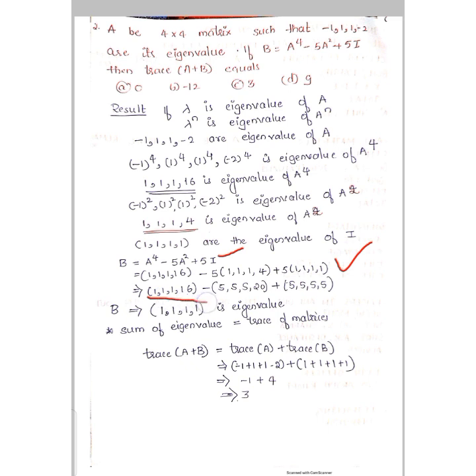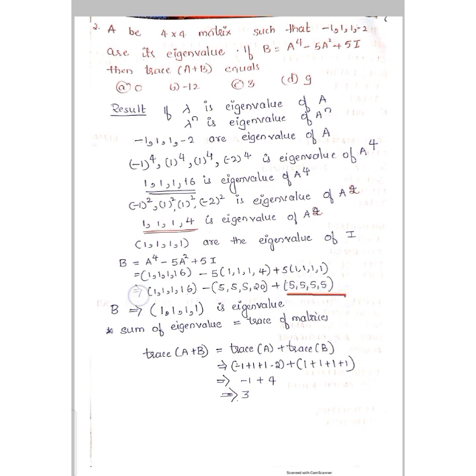So the 1, 1, 1, 16 will be as it is, minus, multiply this 5 with each element of the bracket, so it becomes 5, 5, 5, 20. Next is plus 5 multiplied with each element of the bracket, which becomes 5, 5, 5, 5.